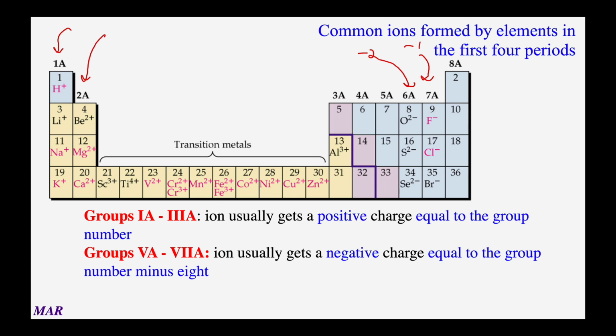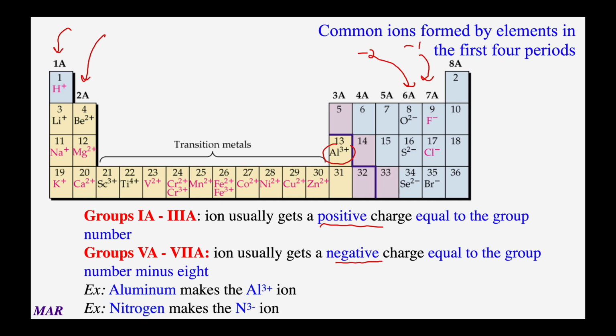Now, a lot of the group 3s like being +3. We're going to see it's not all of them, but there's a lot of them. Another thing to see is that the non-metals, the light blue ones in the upper corner, are always going to be negatively charged. And the metals, which are all the yellow atoms, and hydrogen for that matter too, are going to like being positive. We'll talk more about the rules coming up.